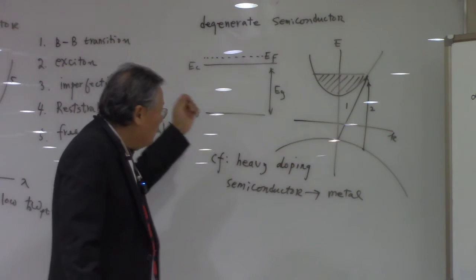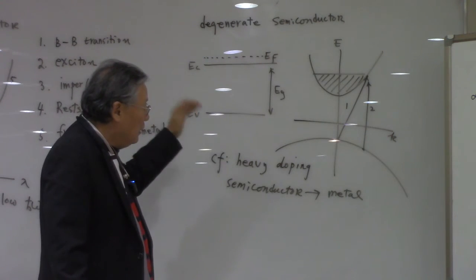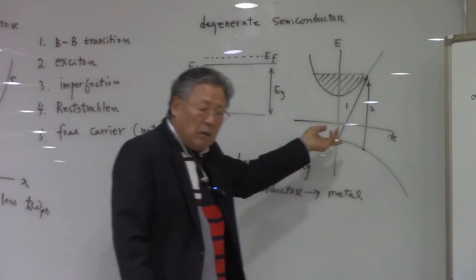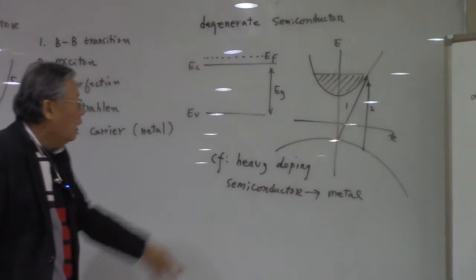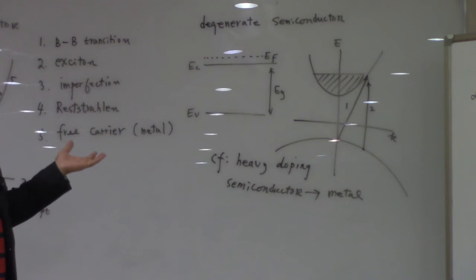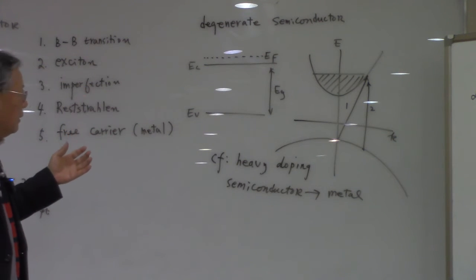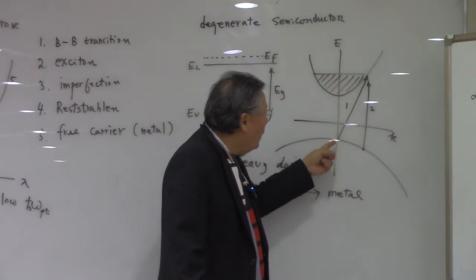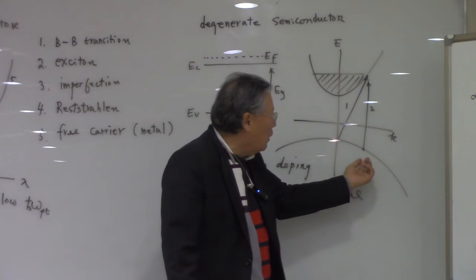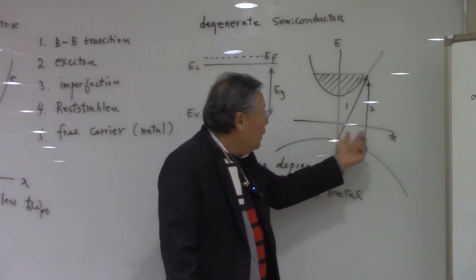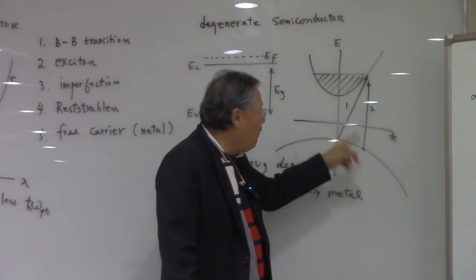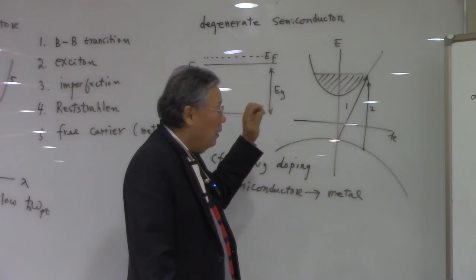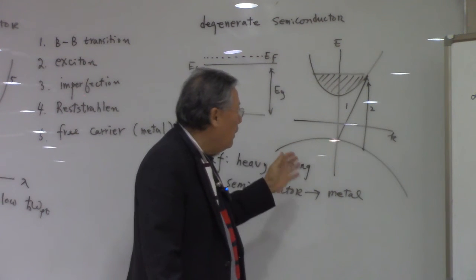But once it becomes a degenerate semiconductor, then we have two ways, one or two. And this one and this two have almost the same probability to happen. For example, in the number one indirect transition, it should accompany a change in K values, so it has a very low probability for the optical transition to happen.